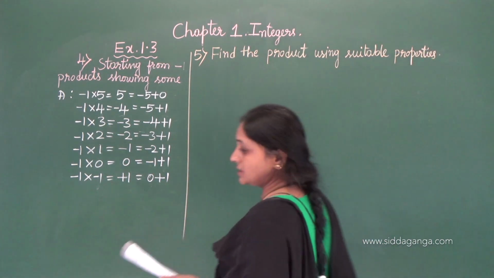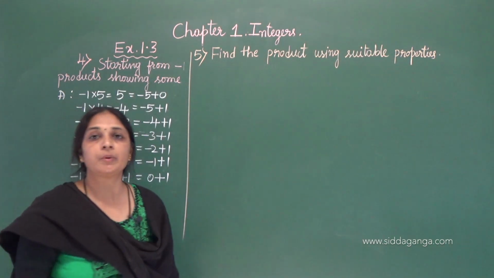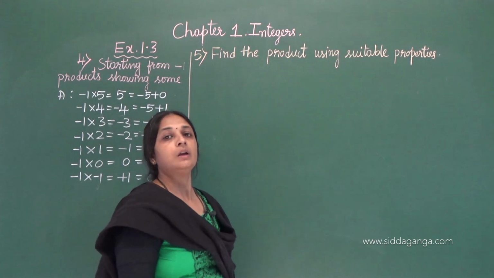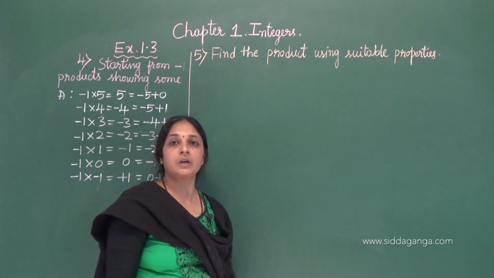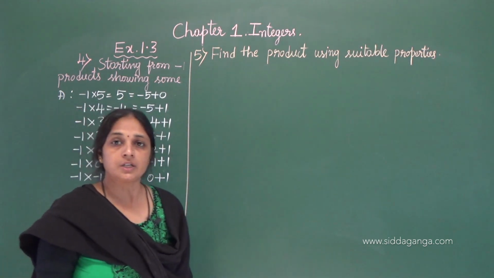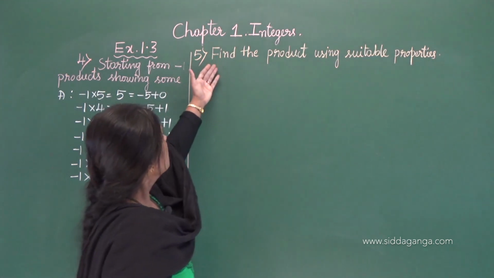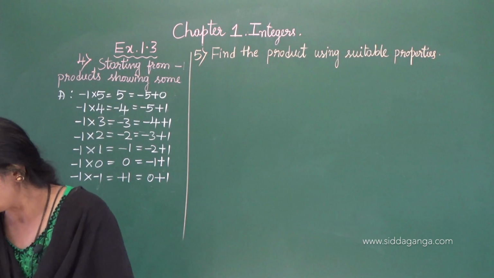Okay, so using some properties we learned: commutative property, associative property, distributive property. Okay, and we also know inverse of addition, and identity element for addition and multiplication. Okay, we have to find the product for the given numbers.